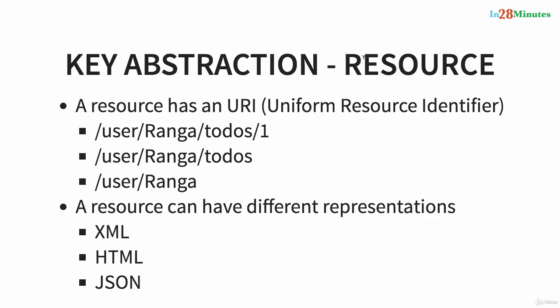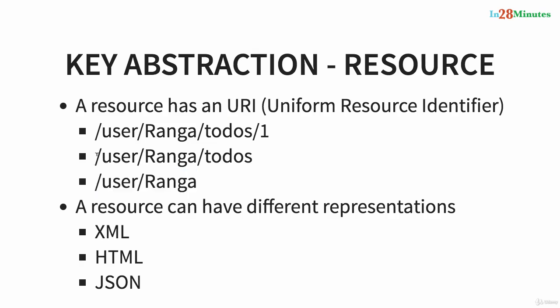When we are talking about developing RESTful services, we are always thinking about resources. What are the resources in my application? A to-do, a user, a list of to-dos. What we do is assign a URI to the resource. For example, the URI to the resource Ranga is /user/Ranga.